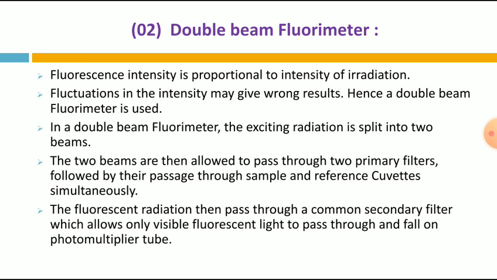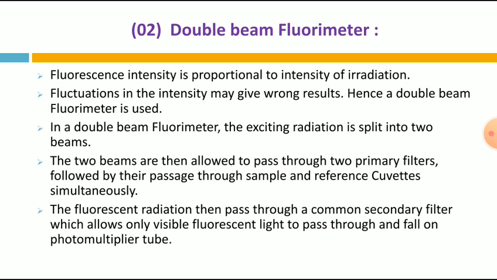The fluorescence radiation then passes through a common secondary filter which allows only visible fluorescent light to pass through and fall on the photomultiplier tube. That means a common UV source, the mercury vapor lamp, is kept in between both cuvettes, and that radiation passes through the primary filters.